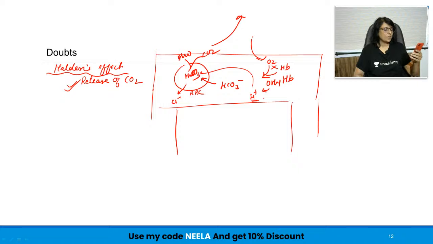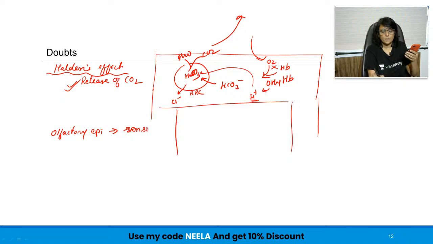Okay, Anju has a question: what is the role of stereocilia in the olfactory chamber? See, olfactory epithelium is a sensory epithelium. That means it has to detect the sense of smell. It has to detect those chemicals in the air which reach into our nasal chamber.